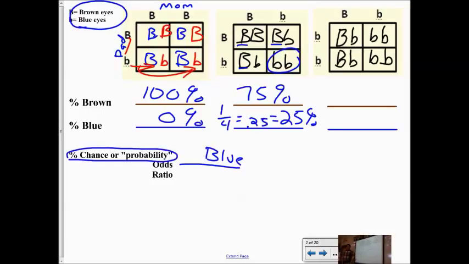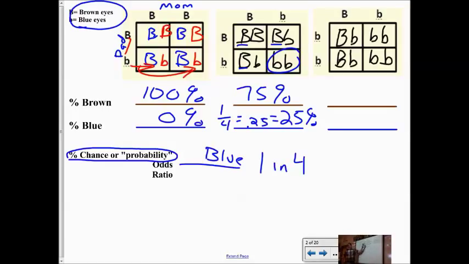Here we're using the word odds. Now, if you've ever seen gambling, we always say the odds are blank in blank. So, what are we looking for? No, that would be a percentage. We're looking for odds. Chase? 1 in 4. Excellent. So in this case, we would say the odds are 1 in 4.